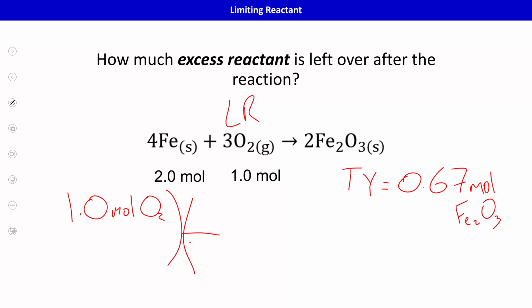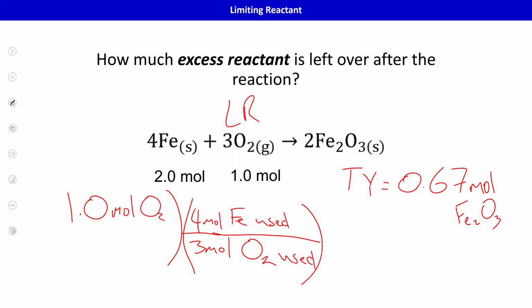For every 3 moles of O2 used, that's 4 moles of iron used. Makes sense, right? We just did the same math step. We're just talking about both of our reactants instead of talking about product now, right? So instead of talking about how much product we made, we're talking about how much reactant we used. Because it's on the left-hand side of the arrow.